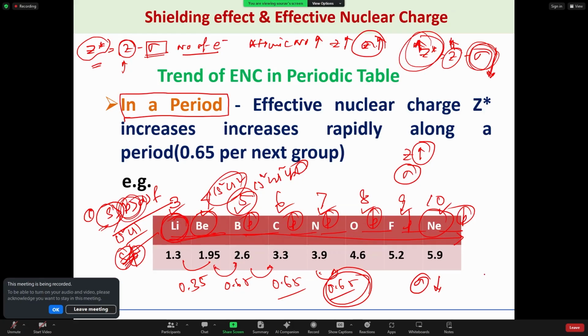So if you calculate this value actually, then it will be more clear for you why this value is decreasing. This is the calculated value.